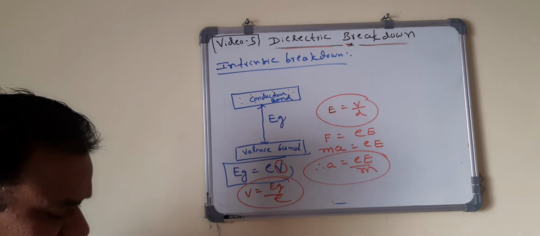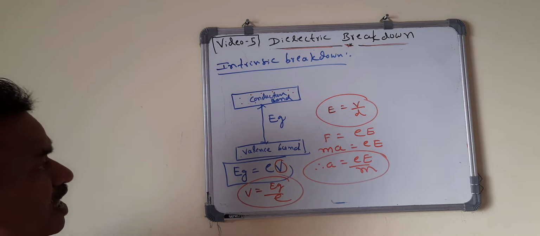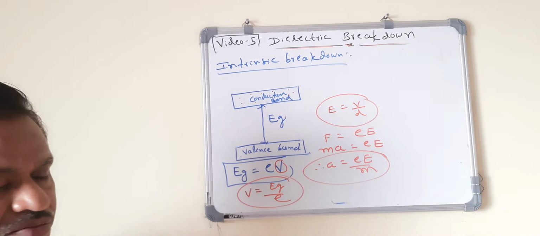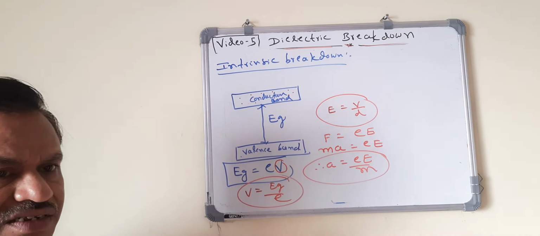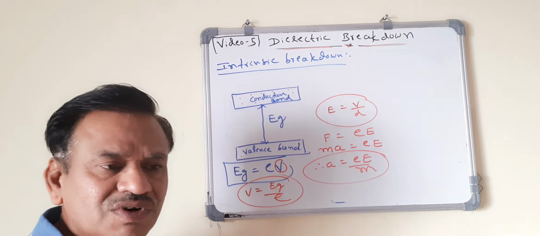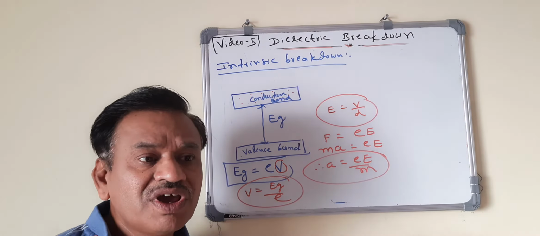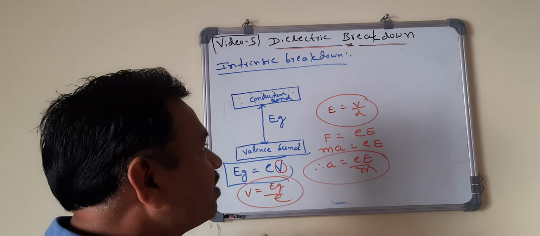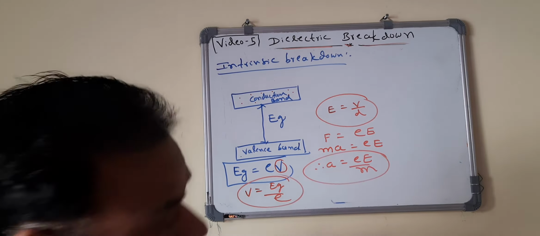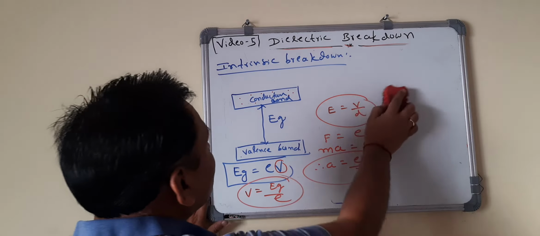These highly mobile electrons hit the other atoms and so on. As a result, more and more electrons are liberated. This stage is called avalanche breakdown. This is how intrinsic breakdown occurs.